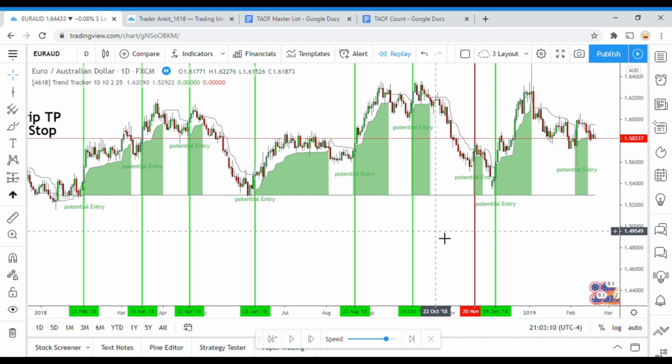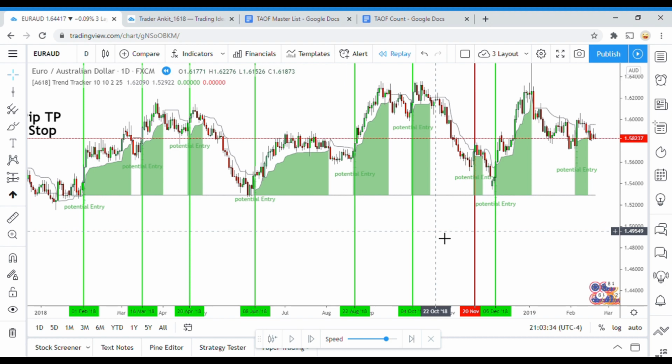I can't imagine that it's set up to only give long signals, but you never know. The creator didn't say anything about just long signals. I definitely seen red potential entries whenever I scroll back, and so yeah, interesting, but nonetheless, really solid indicator.